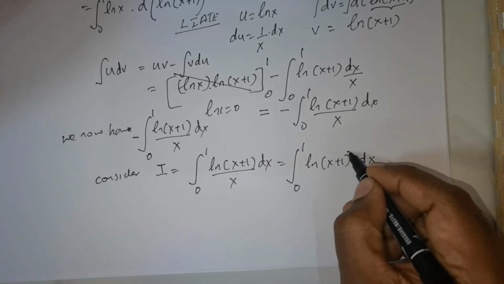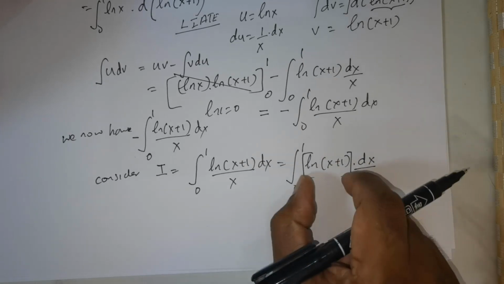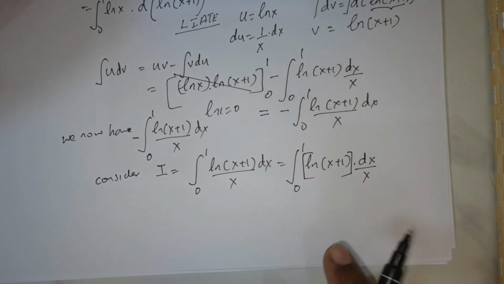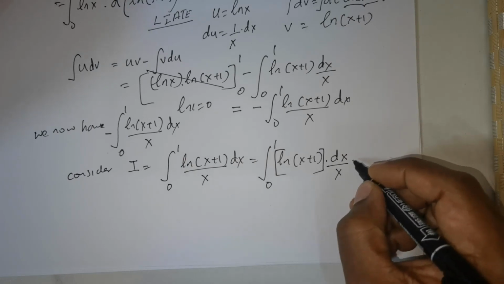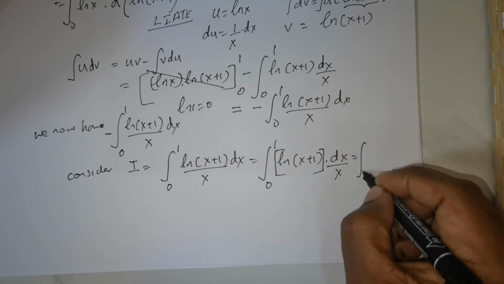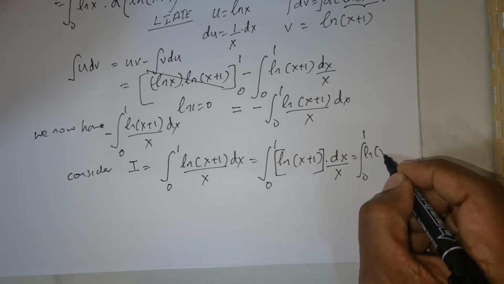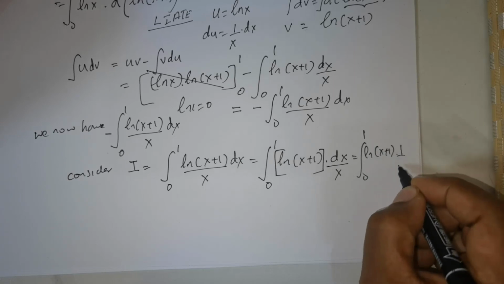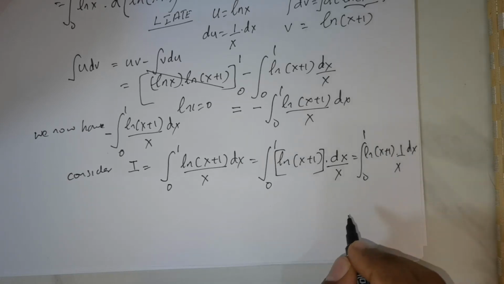So one full term is like this. Now if you're not happy that I placed the x down, you can rewrite this as the integral from 0 to 1 of ln of (x + 1) times 1 over x times dx. I think this suits better.